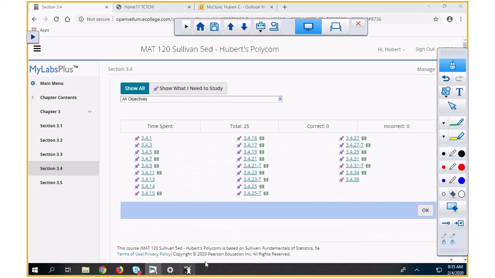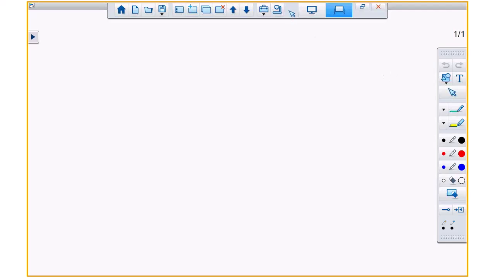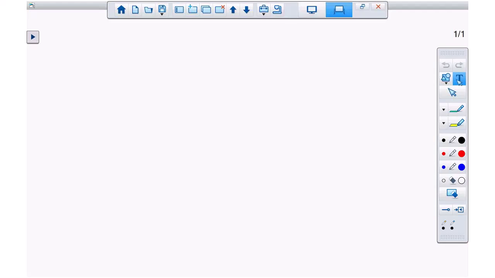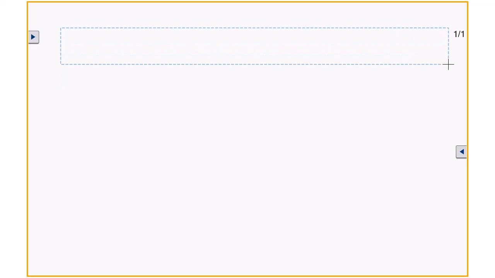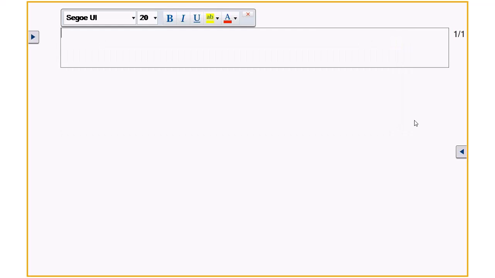All right, let me go to the whiteboard and let's look at a question. I'm just going to type it. I can't remember the question, but it says something about pregnancy. Pregnancy has a mean with a standard deviation equal to 12 days.